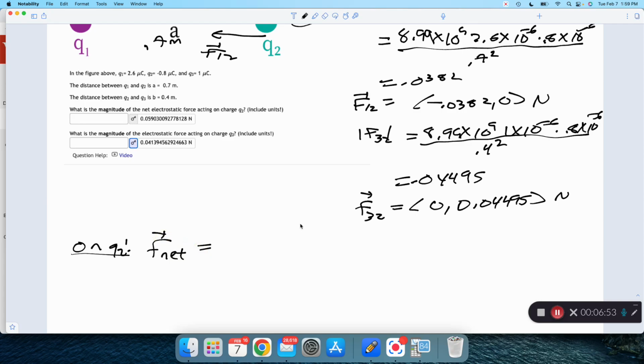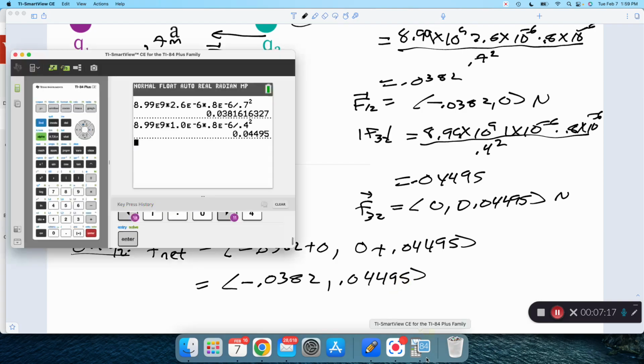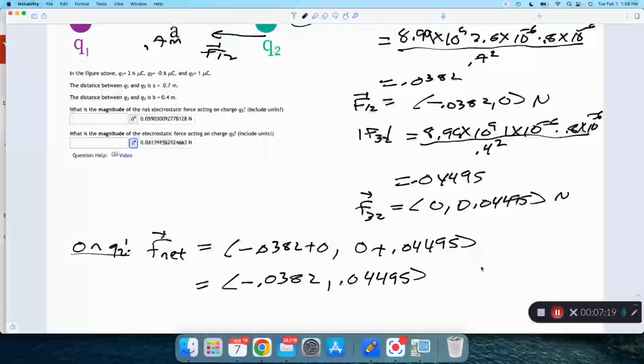Add the x's. I'll actually write all this out. Negative 0.0382 plus 0, comma, 0 plus 0.04495. So that will be this vector. And let me make sure I got that one right. 4495, yes.